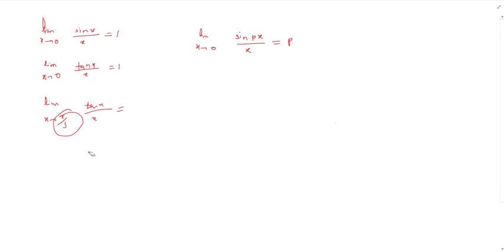We make a substitution: put x minus pi by 3 equal to h or t, so x is equal to pi by 3 plus h. As x tends to pi by 3, pi by 3 minus pi by 3 becomes 0, which implies h tends to 0. Remember this, and using this substitution we can solve the examples.